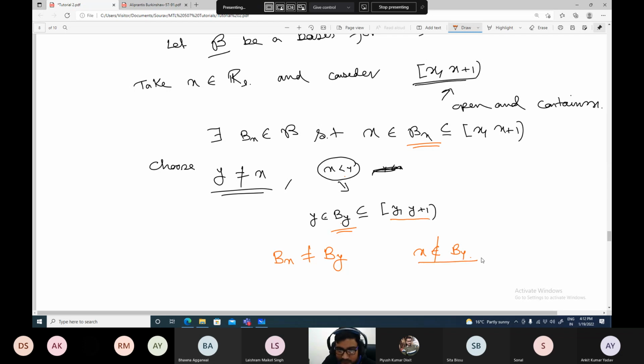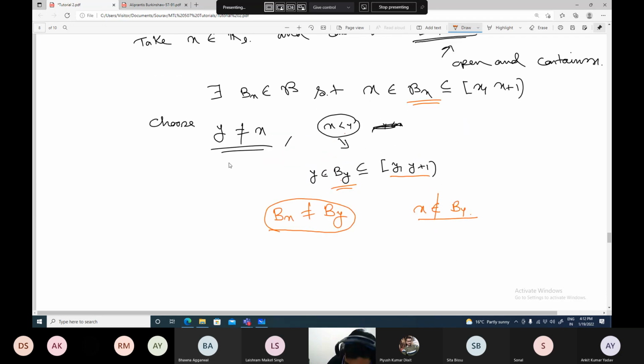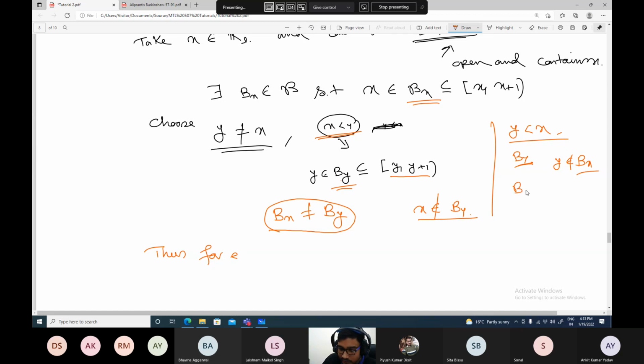So x is not in B_y, and therefore simply we can say B_x and B_y are different, right? I did it for x less than y. The similar thing will happen for y less than x also. In this case also you will find some B_y, and y will not be in B_x, and so B_x is not equal to B_y.